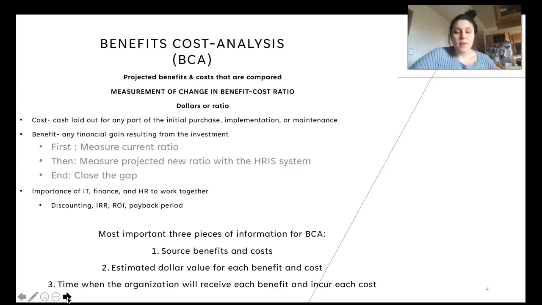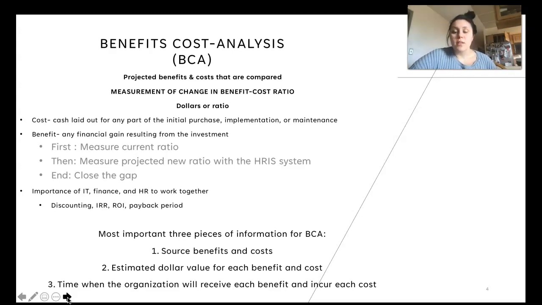It is also very important to keep in mind the IT, finance, and HR departments do work together. IT can focus on things like bandwidth of what the HRIS system can handle. Finance can focus on different discounts, return on investment, payback periods, anything like that that could be an advantage.